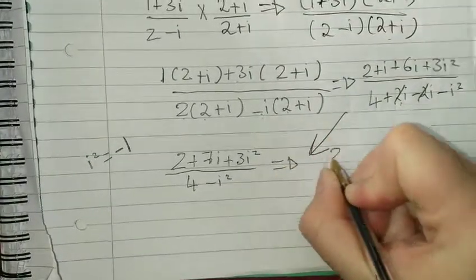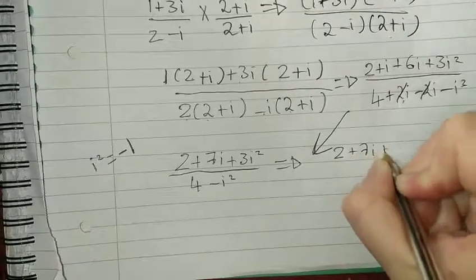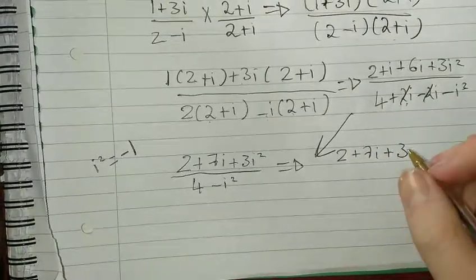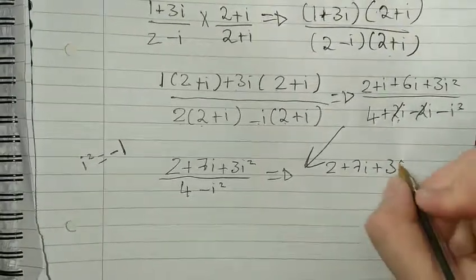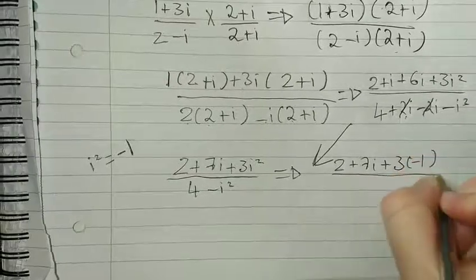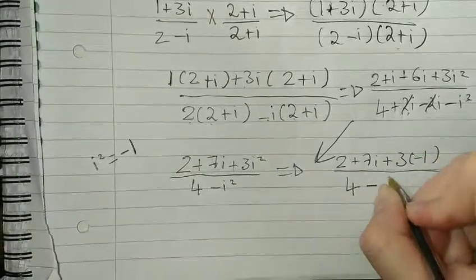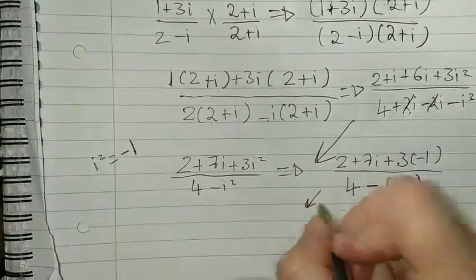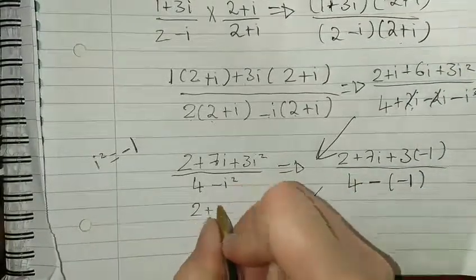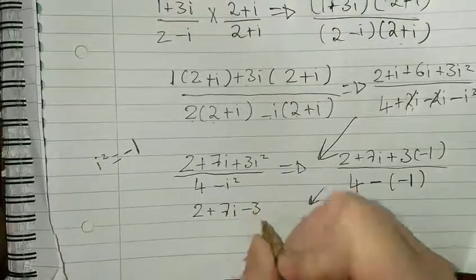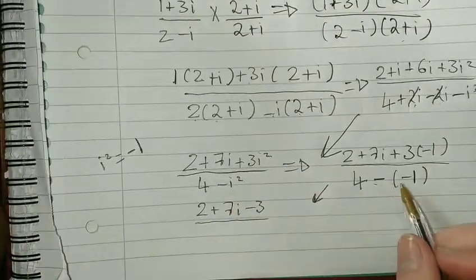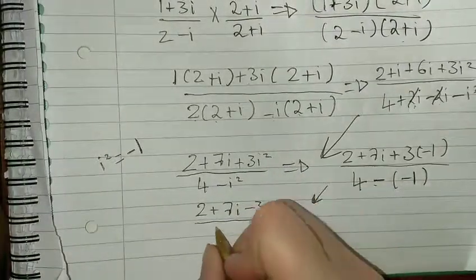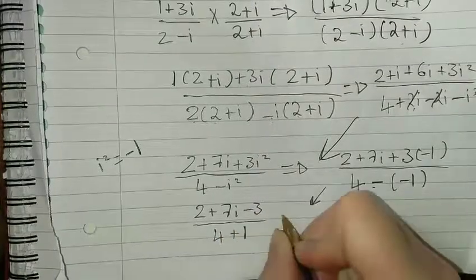So it'll be 2 plus 7i plus 3 times minus 1, and similarly on the bottom, minus minus 1. So now I'll have 2 plus 7i minus 3, and then 4 minus minus 1, so that'll be 4 plus 1.